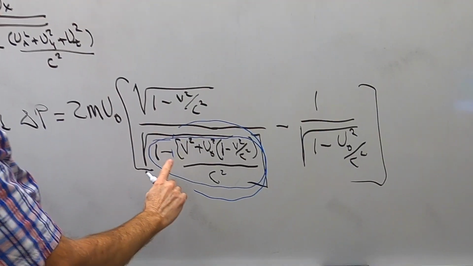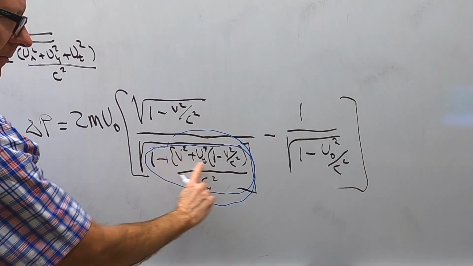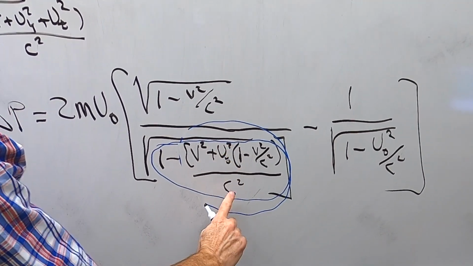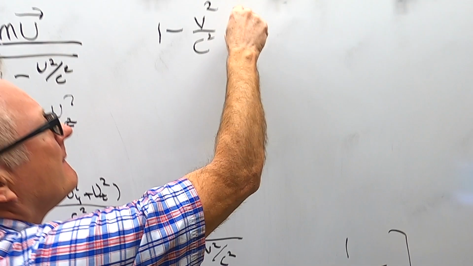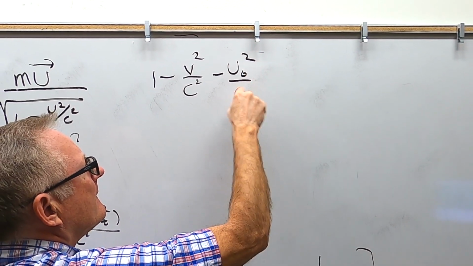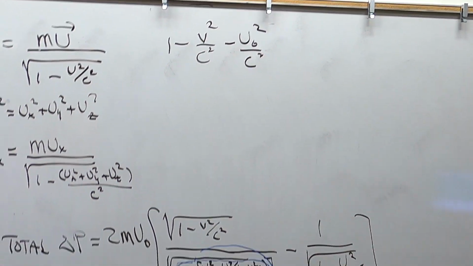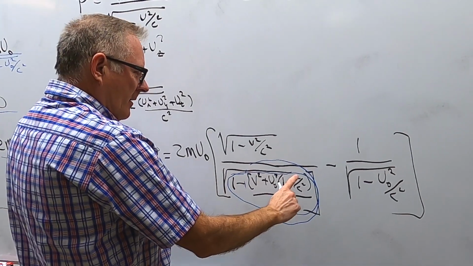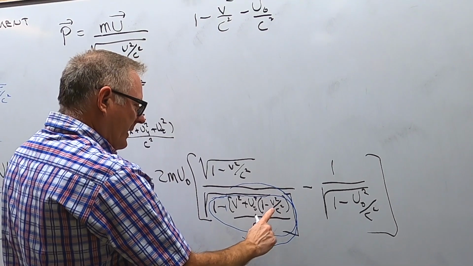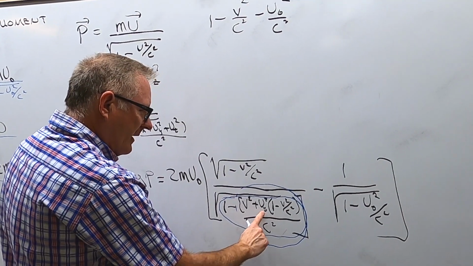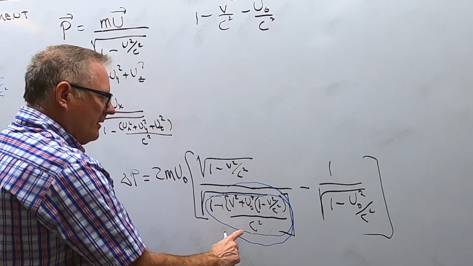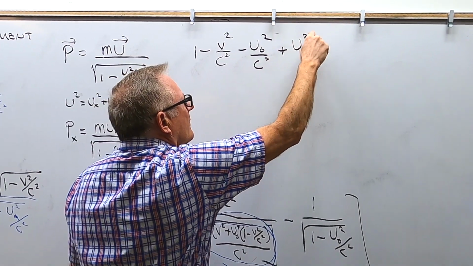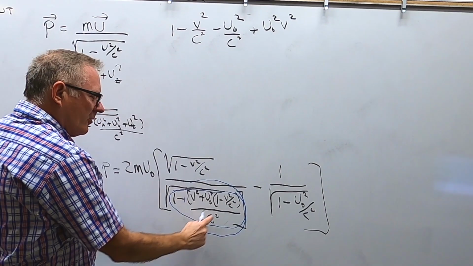Then I get minus, we multiply this thing through here, minus u naught squared over c squared. And then the last term, minus times minus is plus u naught squared v squared all over c to the 4th.